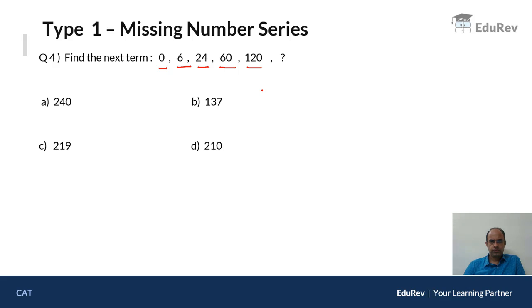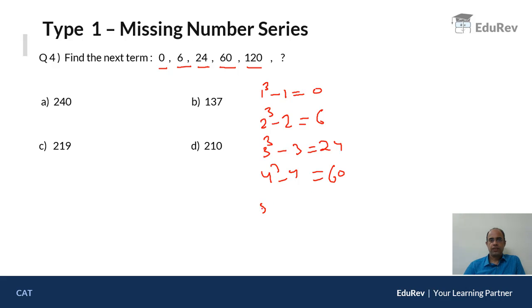Now 1 cube minus 1 gives me 0. 2 cube is 8, minus 2 gives me 6. 3 cube minus 3: 27 minus 3 is 24, which is there. 4 cube minus 4 is 64 minus 4, 60. 5 cube minus 5 is 125 minus 5, 120.